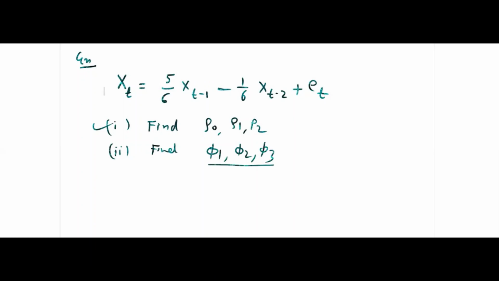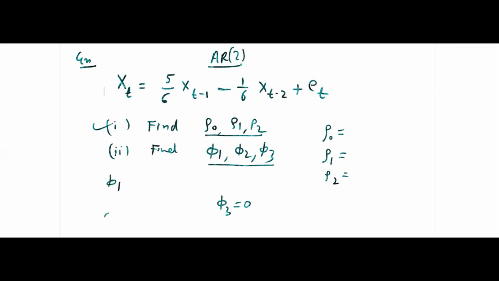Remember, this you will always try to find from this one. So if you know rho naught, if you know rho 1, if you know rho 2, then you can find phi 1, phi 2, phi 3. Considering that this is an AR(2) process, you can directly write phi 3 is 0.